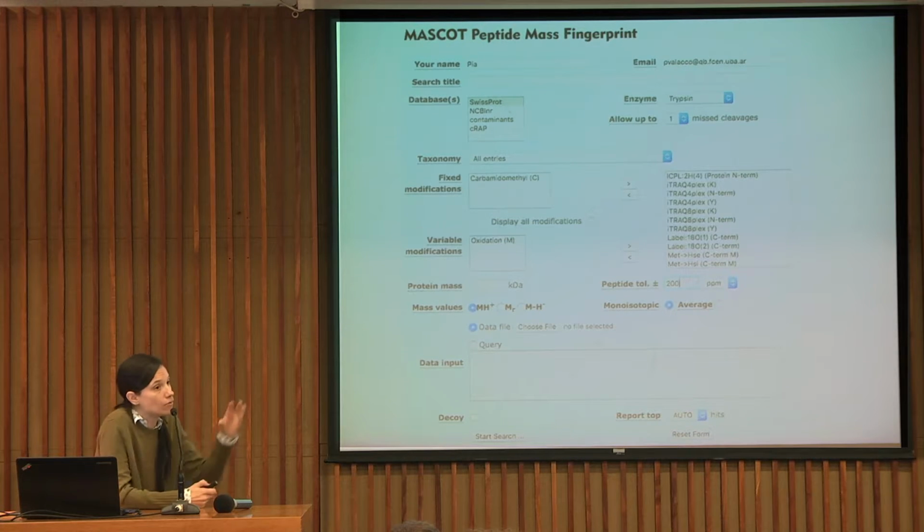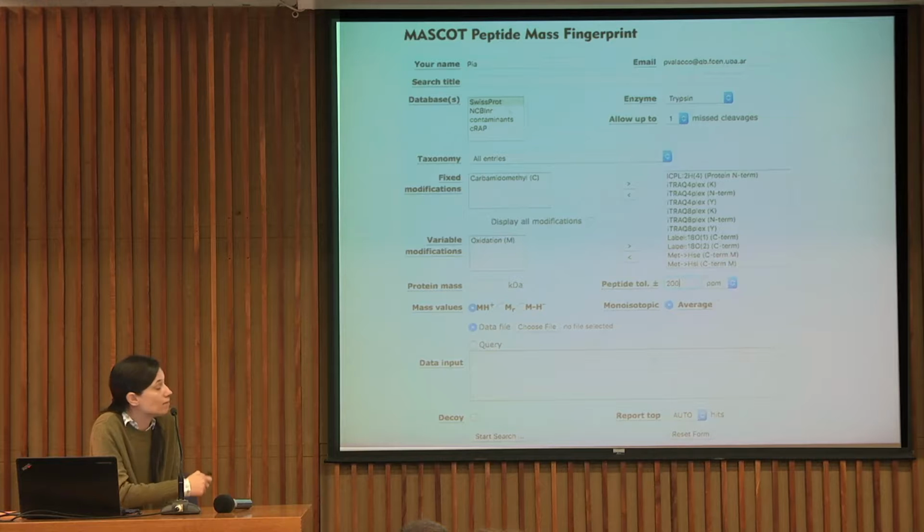But you'll go down as low as possible in the categories to resemble your sample as much as possible. This is very important because if your database is too big, the scores of the hits you get will be too low, and maybe they won't be significant. But if your database is too small, you might get that what you're looking for is not in the database, so you won't find it. So it's very important to be as accurate as possible when selecting all these parameters.